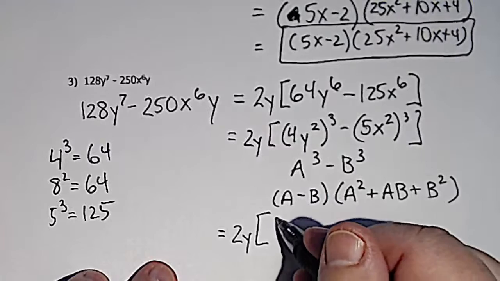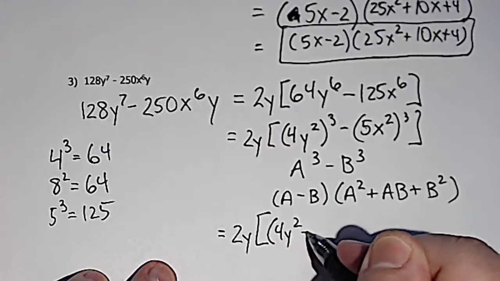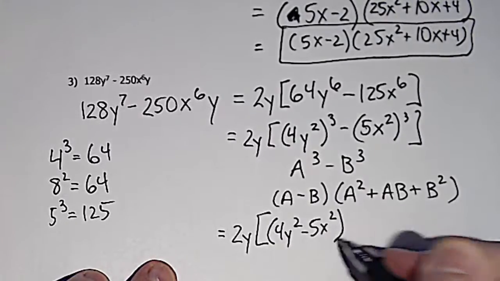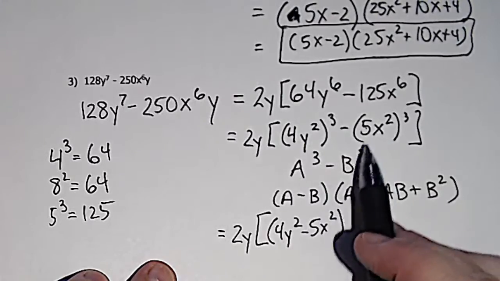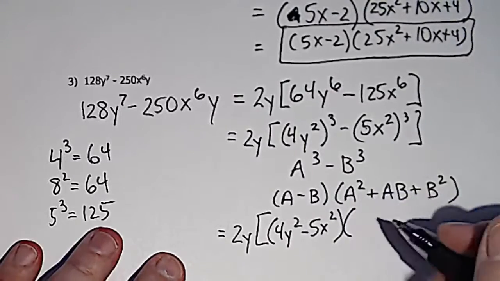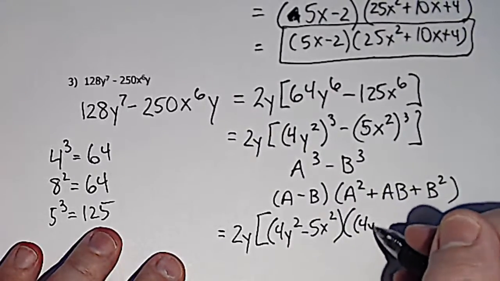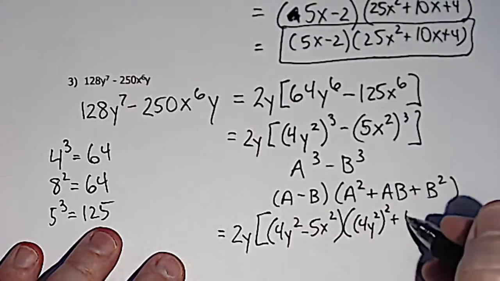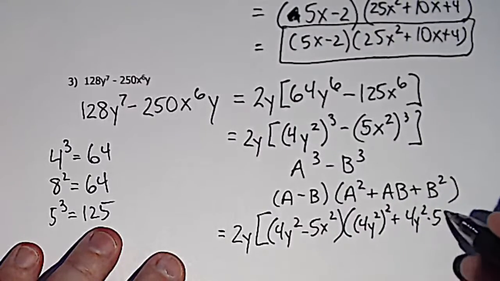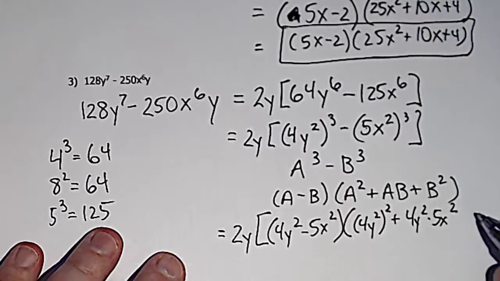So this is going to be 4y squared minus 5x squared. There's my a, there's my b, times the quantity 4y squared squared plus 4y squared times 5x squared plus 5x squared squared.